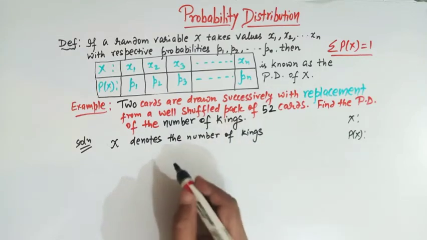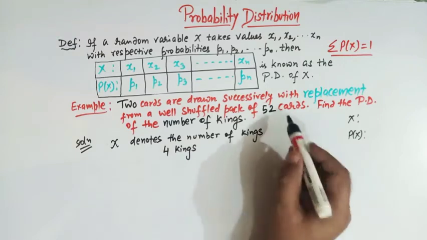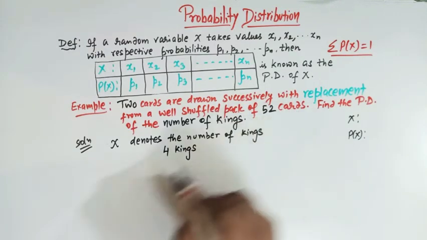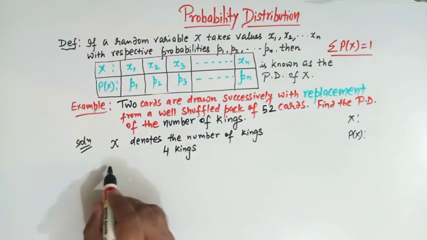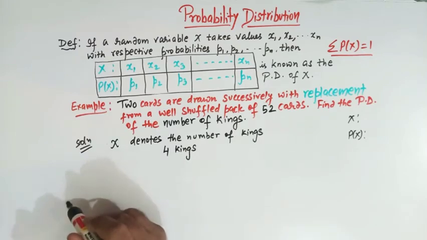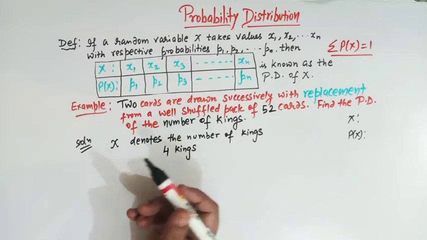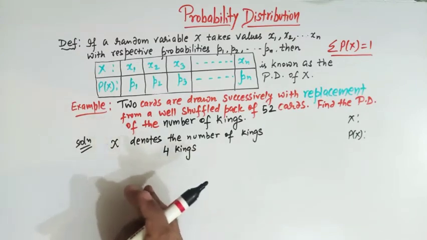Now we know that there are 4 kings in a pack of 52 cards, and when we draw two cards, then in the first draw we can have a king, and in the second draw we can have a king, right? So in this case we have both the kings. So here x can take value 2.